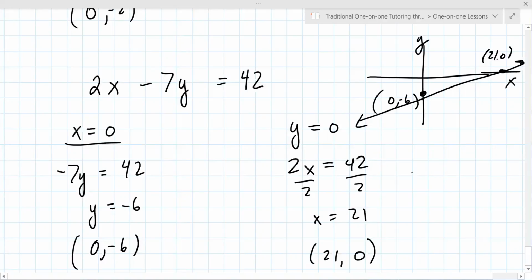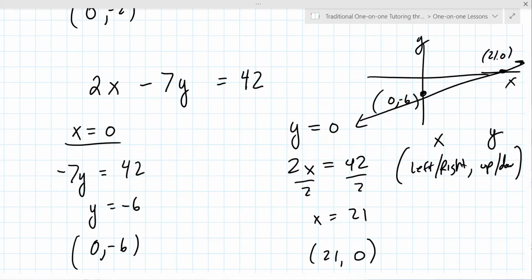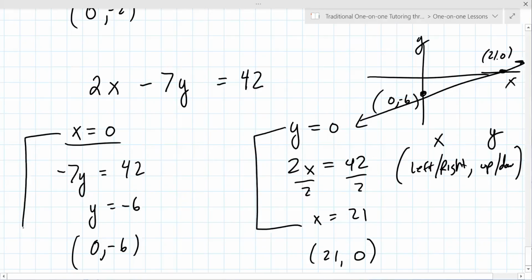It's always left, right, comma, up, down. X is left or right, Y is up, down. Why would I do minus 7y divided by 42 first instead of 2x and 42 first? It doesn't matter as long as you pair them up at the end. But the X always comes before the Y.